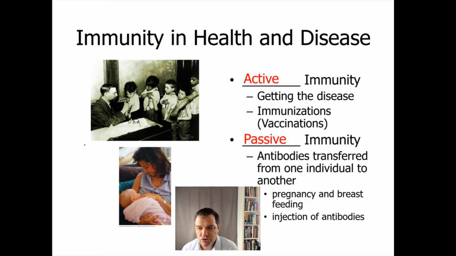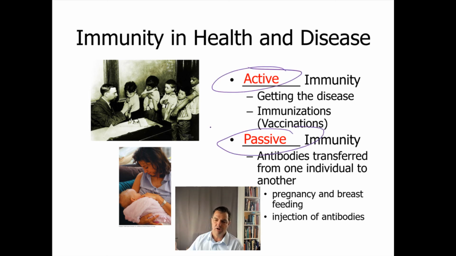So we have sort of two kinds of ways you become immune to something, and one's called active immunity and one's called passive immunity. So in active immunity, your body can take care of itself in a sense. Active immunity is where your immune system, when it comes across the antigen, it can respond on its own.